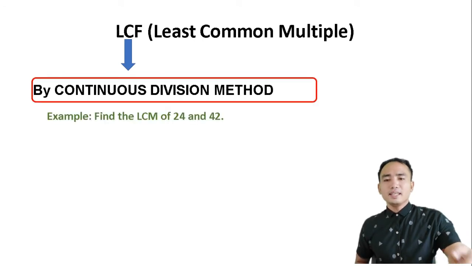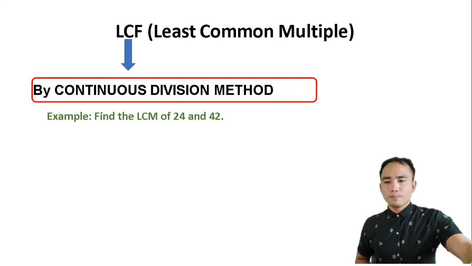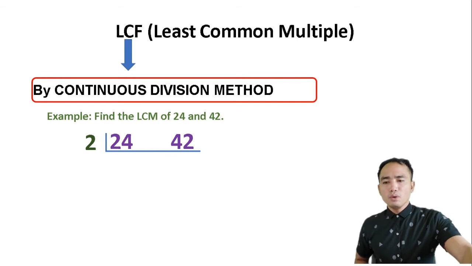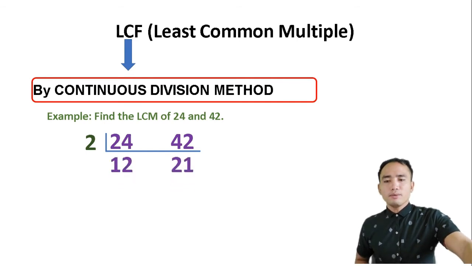So find the LCM of 24 and 42. Again, these are even numbers, so we can divide that by 2. 24 divided by 2 will give us 12. 42 divided by 2 will give us 21.